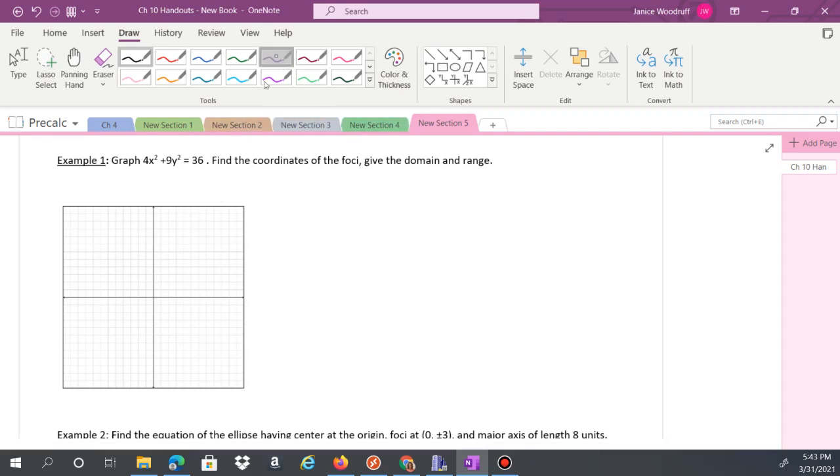Okay, so first thing I want to do here is I want to set this equal to 1, so I'm going to divide everything by 36. So that's going to give me, let's see, x squared over 9 plus y squared over 4 equals 1.